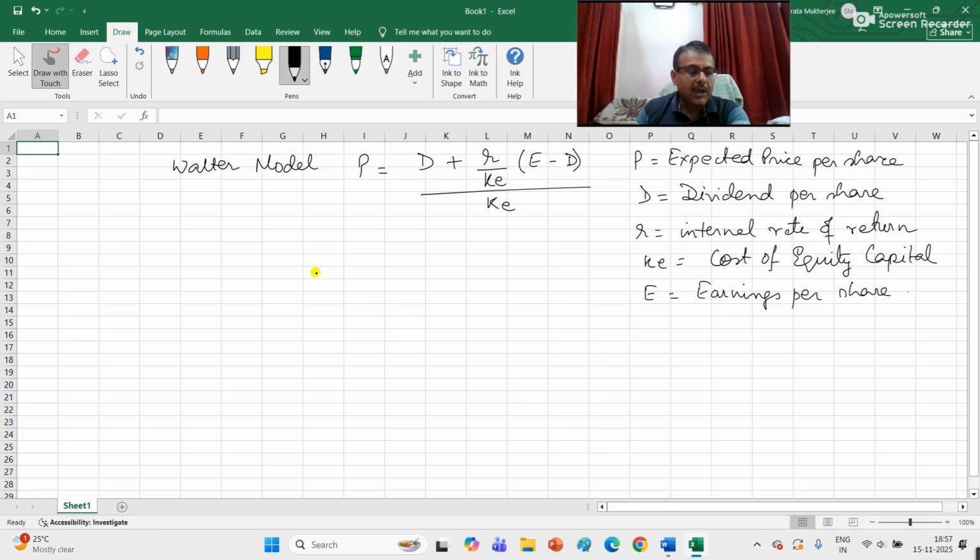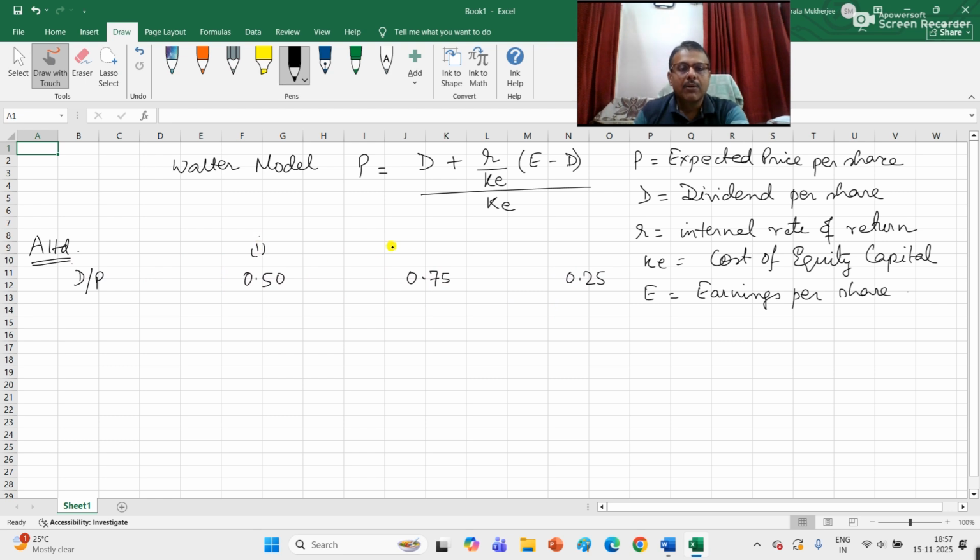So we have three companies, A Limited, B Limited and C Limited. Let us start first with A Limited. The DP ratio is given at 0.50, then 0.75 and 0.25. So there are three situations.